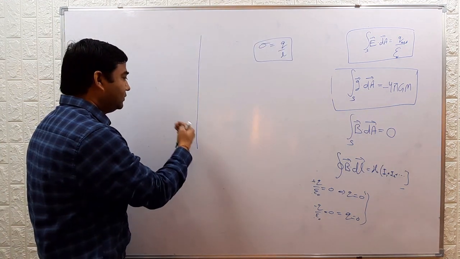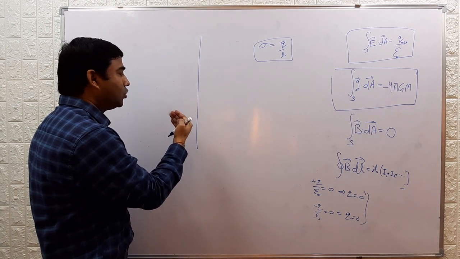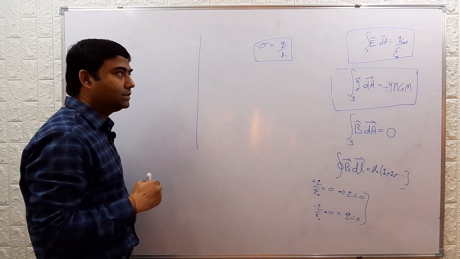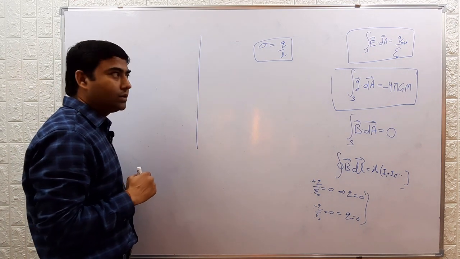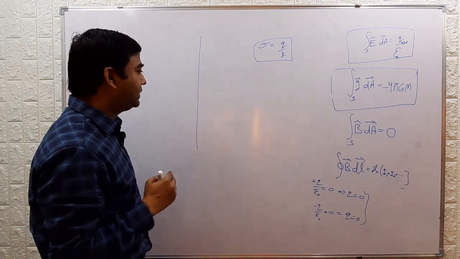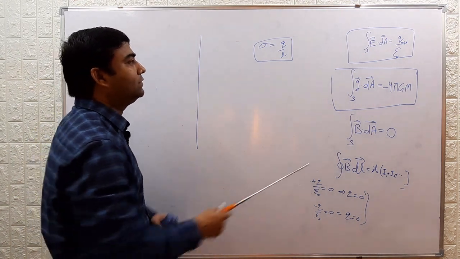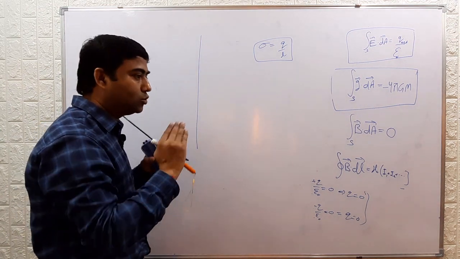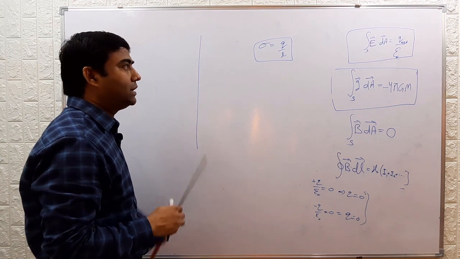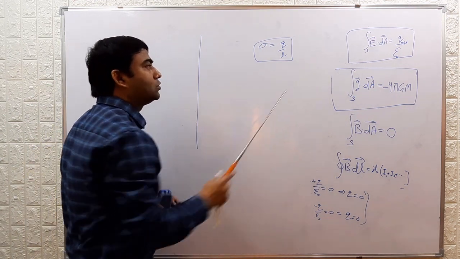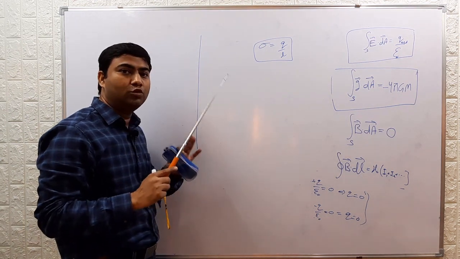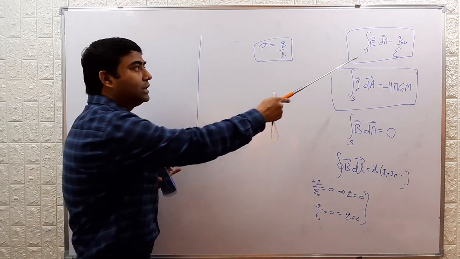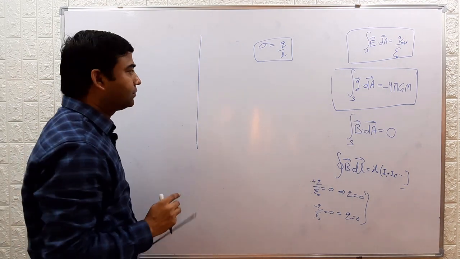So here we will create a Gaussian surface to find the electric field. We have to create the Gaussian surface in such a way that we can easily find the surface integral throughout it. As we are finding a dot product, we have to create the surface so that this dot product can be found without actually using integration.